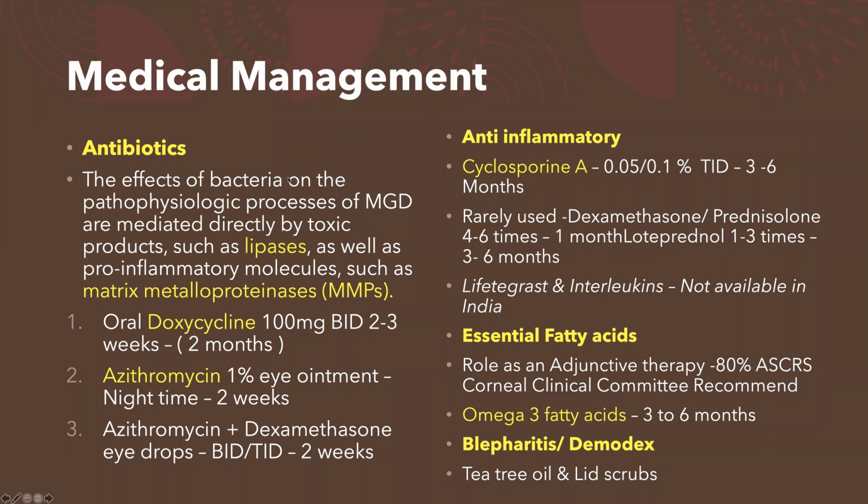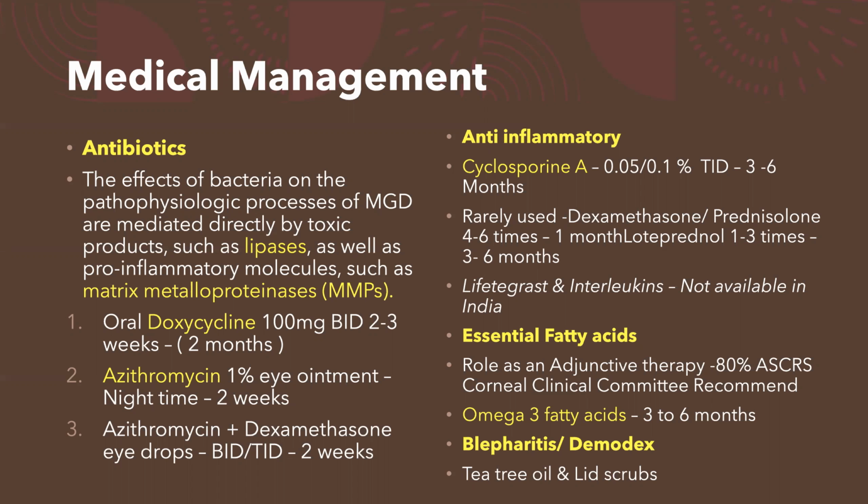Antibiotics play a very important role here, both for their antibiotic properties and also their anti-MMP properties, for the lipases and MMPs that are released by these organisms. We prefer to give oral doxycycline 100 mg BD for 2 to 3 weeks, and in advanced cases, you can continue it for over 1 to 2 months.